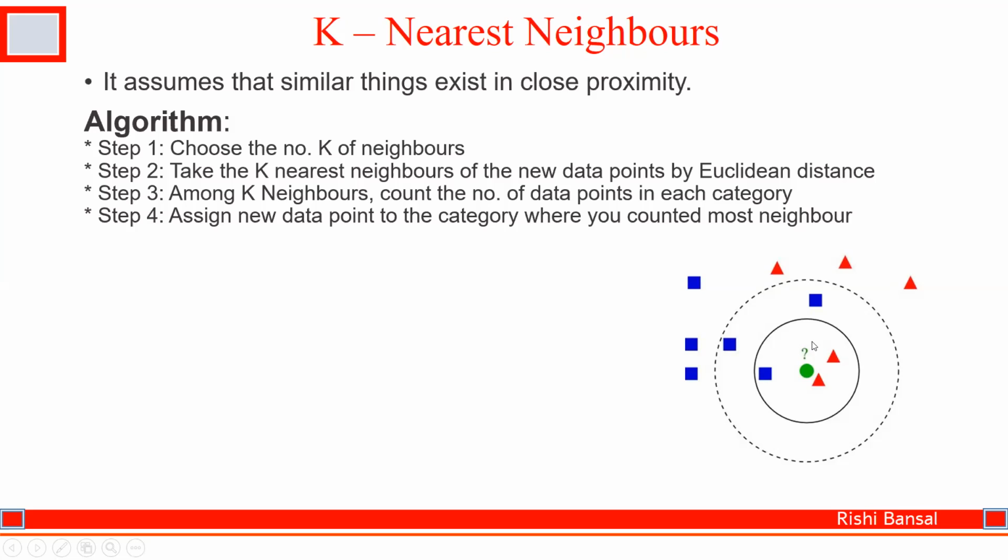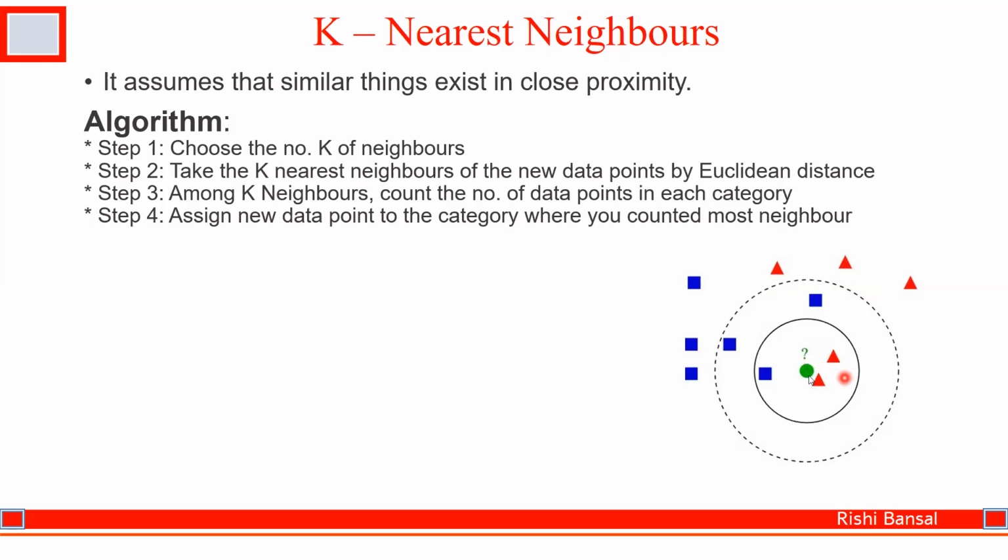In the second case, suppose you take the value of k equal to 5 instead of 3. Now what will happen? If you see the dotted circle, you need to take the 5 points nearest to this green point. So 1, 2, 3, 4, 5.